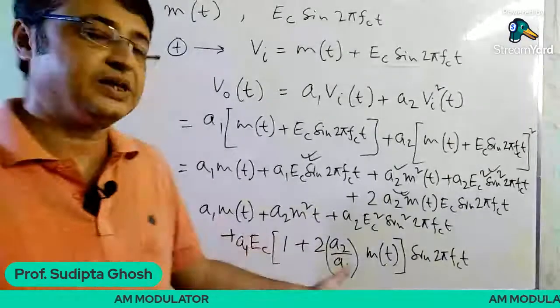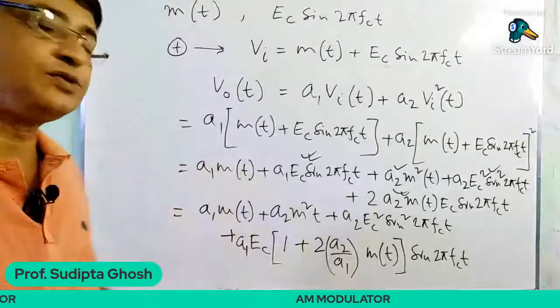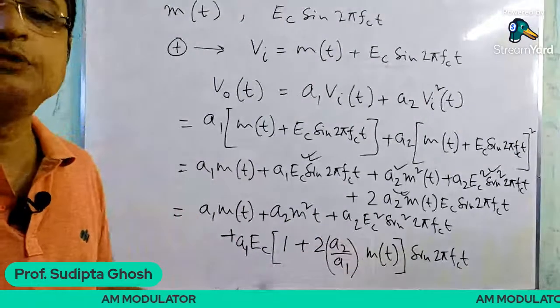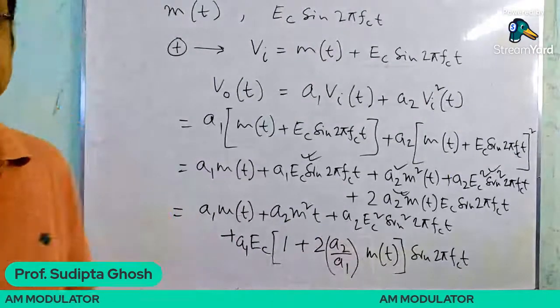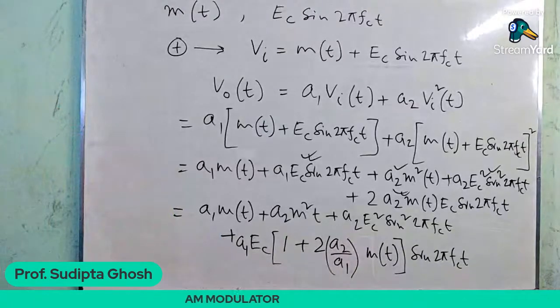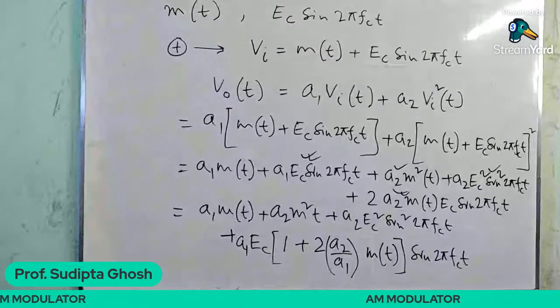Now this mathematical expression or voltage waveform will be fed to the band pass filter, which is centered around omega c, or you can say 2 pi fc. So it is tuned around omega c.